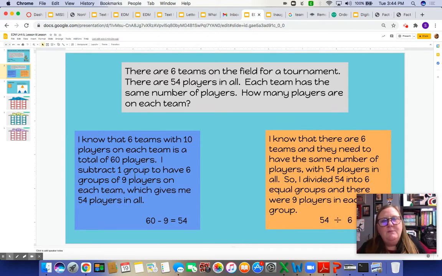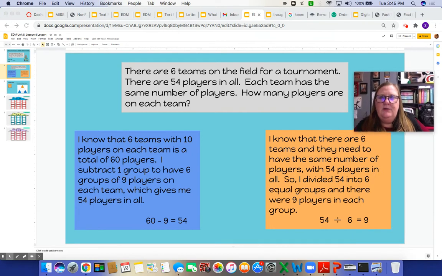So if I subtract one player from each of those groups, I have 6 groups with 9 players on each team. And when I count that up, that gives me 54 players in all. So I took 60 minus 6 equals 54. Then another way you can think about that is to look at this orange box.